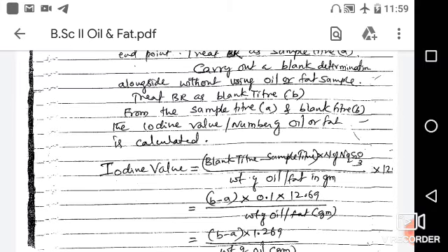Then one can write by simplifying this equation: B minus A, where B is the blank titer and A is the sample titer, into 0.1 normal, which is the sodium thiosulfate normality, into 12.69 gram, the conversion factor, and divided by weight of oil or fat taken.